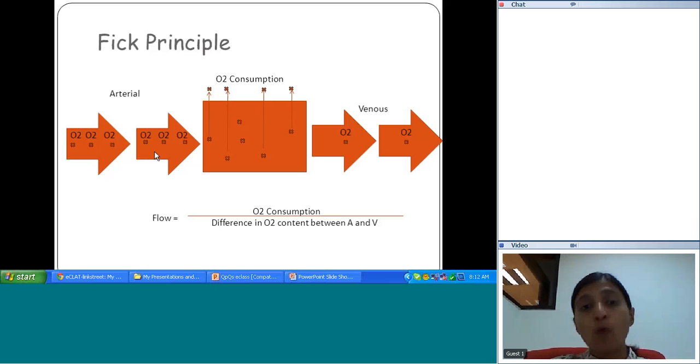This principle is used to calculate cardiac output. Now, in a patient who does not have a shunt, your cardiac output is the same as systemic output, which is the same as pulmonary blood flow. So systemic blood flow and pulmonary blood flow are equal in the absence of a shunt, and that equals the cardiac output.